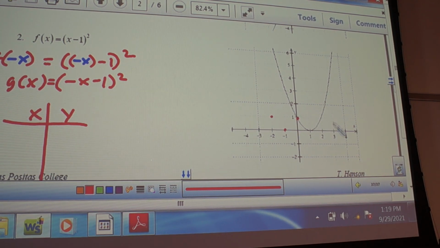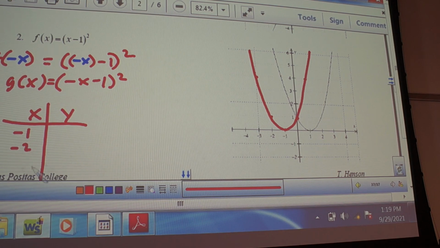This one's 3 to the right here, becomes 3 to the right there. So it kind of goes down like this. And this one is 1 to the right, one left, one to the right. So you can sketch it, and then I can see, oh look, I'm going to want to pick -1, -2, and 0. Right, it kind of tells me what to pick, kind of in a way, right?